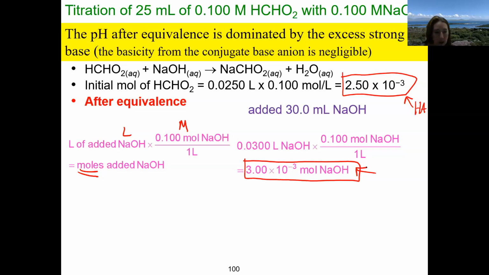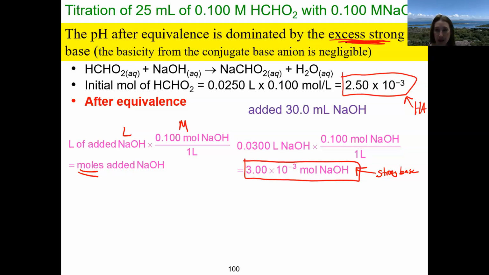But this is a strong base, which is going to be important in a second. The pH after the equivalence point is dominated by the excess strong base, because the basicity of our conjugate base is so small, we can ignore it.